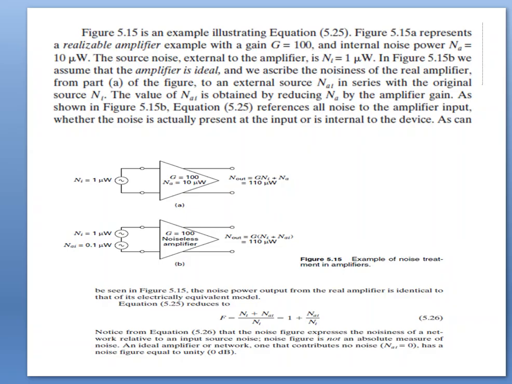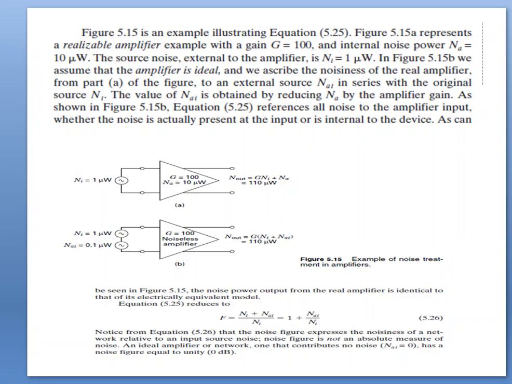As we can see in figure 5.15, the noise power from the real amplifier is identical to that of the electrical equivalent model. It reduces to F equal to (Ni plus NAI) divided by Ni, that is equal to 1 plus NAI divided by Ni.